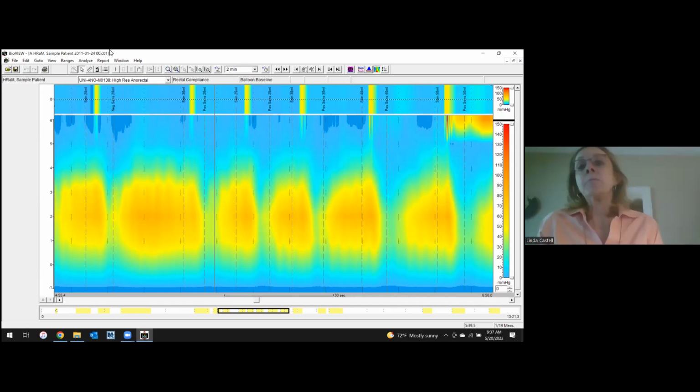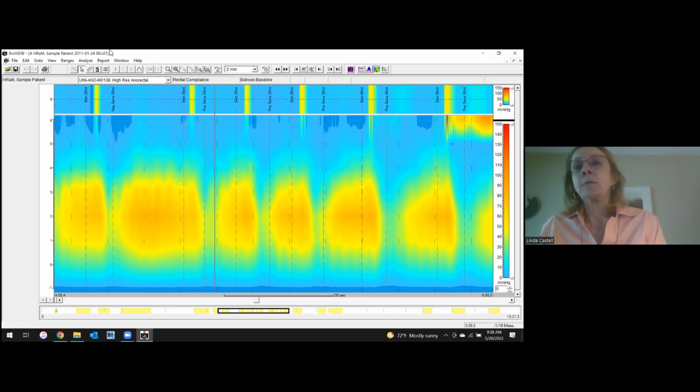Almost all of our patients will have some kind of workup before manometry. Manometry is usually one of the last things. They usually have had a colonoscopy or a sigmoidoscopy, barium enema, or defecography. We want to make sure there's no obstructive lesion or something going on.